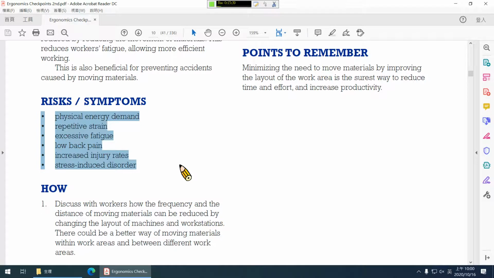Air pollution, radiation, what others are there? Noise.